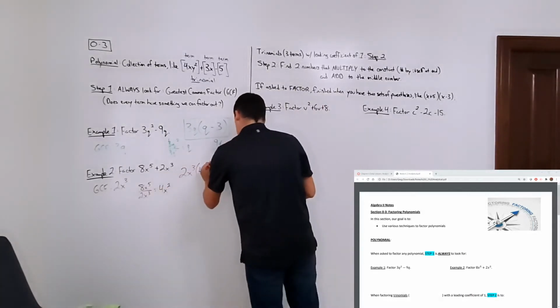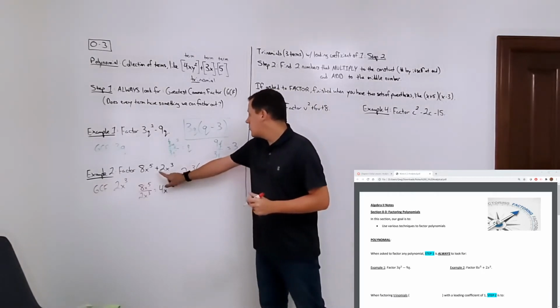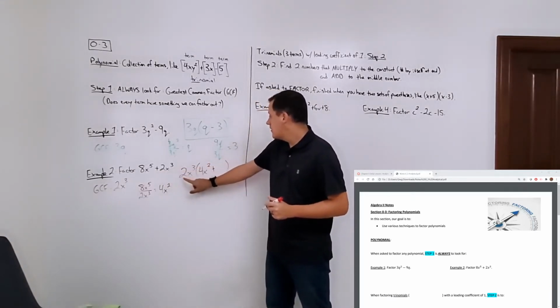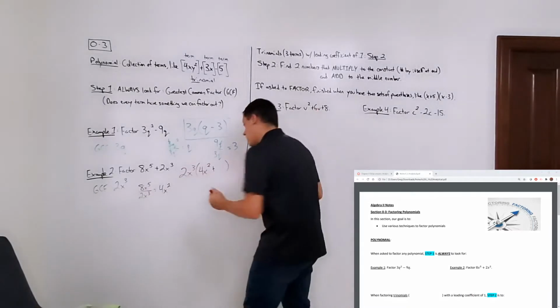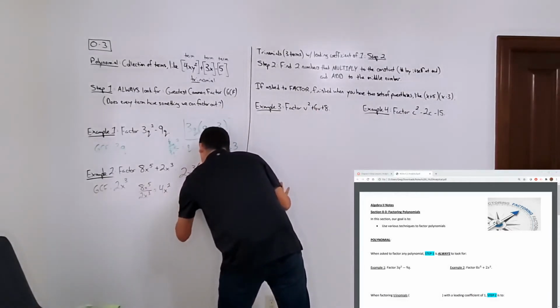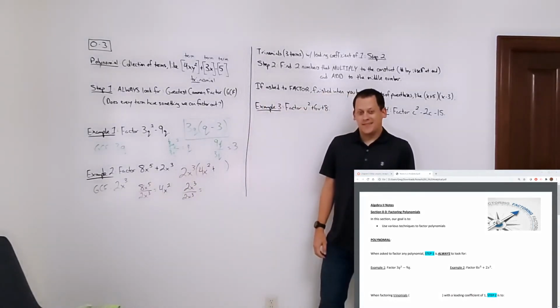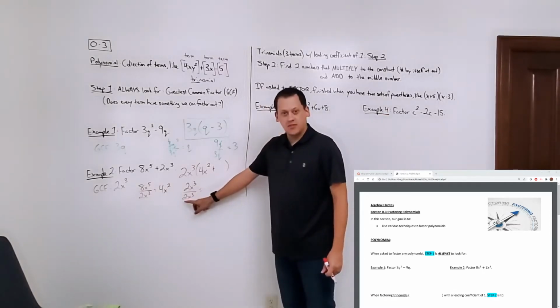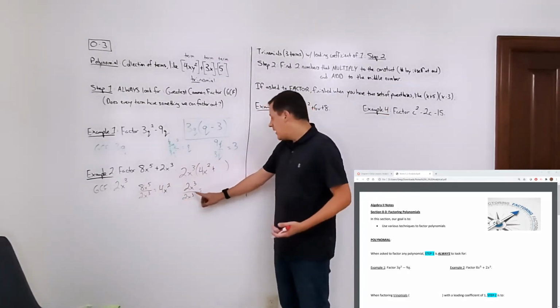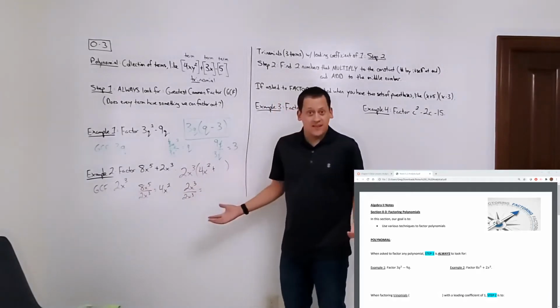Plus, go ahead and put that in there. Now we're doing 2x to the 3rd divided by 2x to the 3rd. That's all going to cancel out, isn't it? 2 divided by 2 is 1. X to the 3rd divided by x to the 3rd, that all cancels out too.